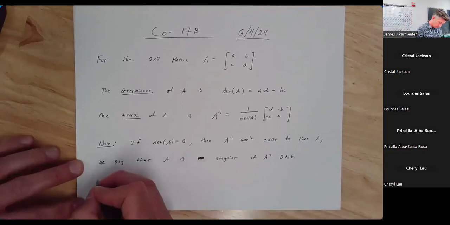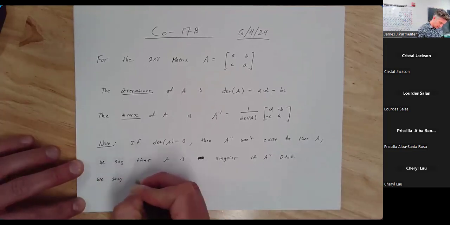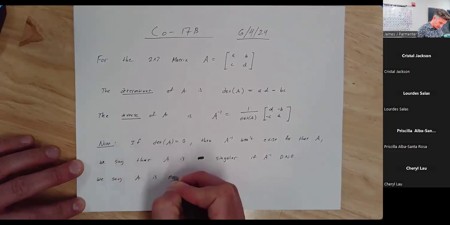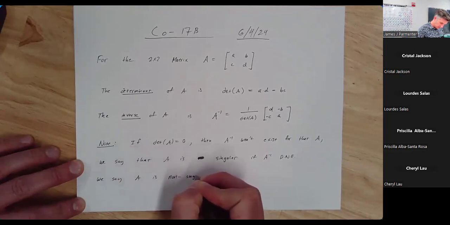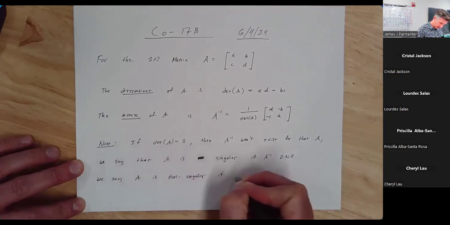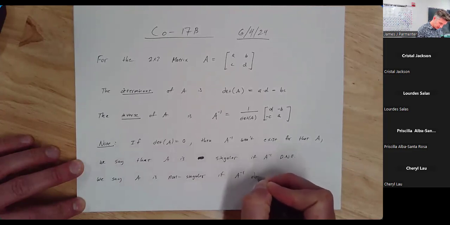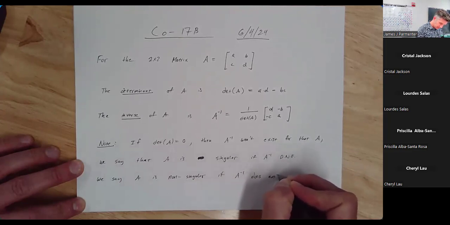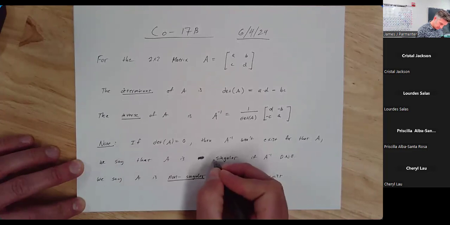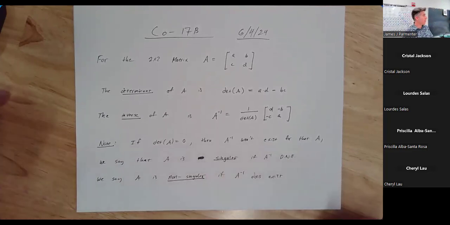Similarly, we say A is non-singular if A inverse does exist, or another way of saying that, if the determinant of A does not equal 0.